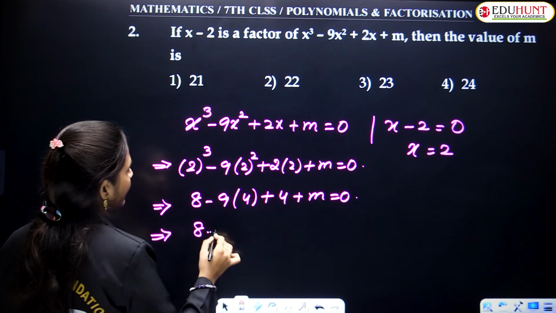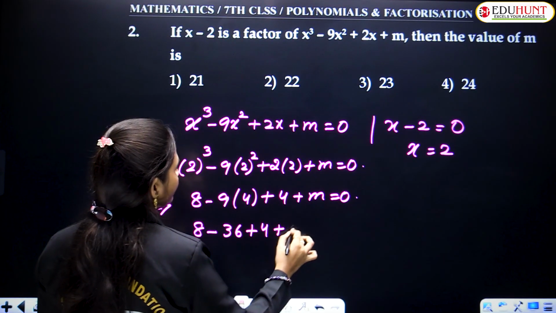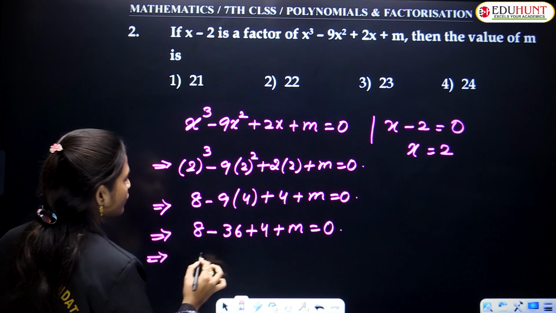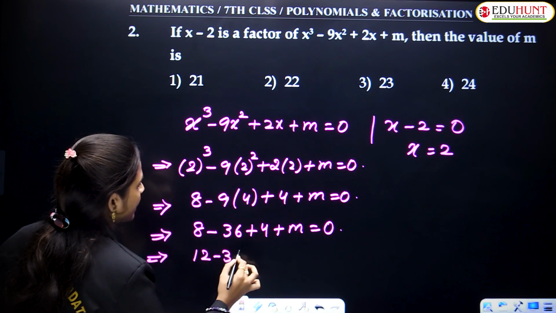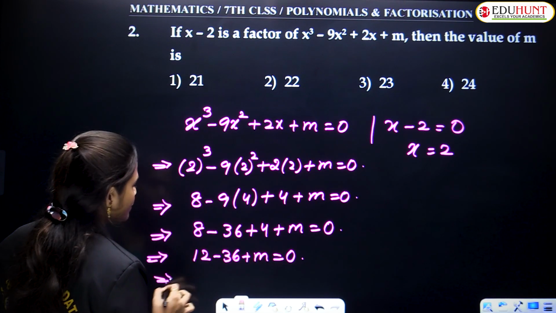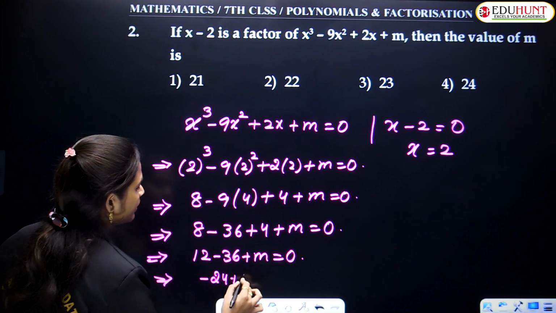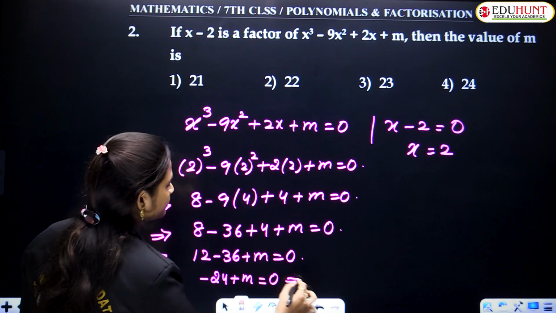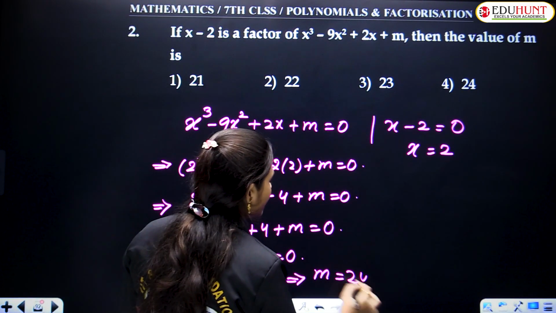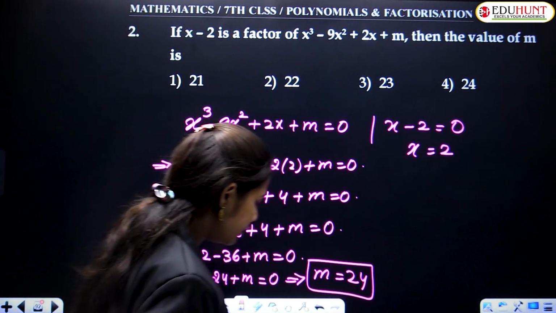So 8 minus 9 4's are 36, plus 4 plus m is equal to 0. 8 plus 4 is 12, minus 36 plus m is equal to 0. 12 minus 36 is minus 24, plus m is equal to 0. So m is equal to minus 24, which becomes plus 24. What is the value of m here? M is equal to 24.